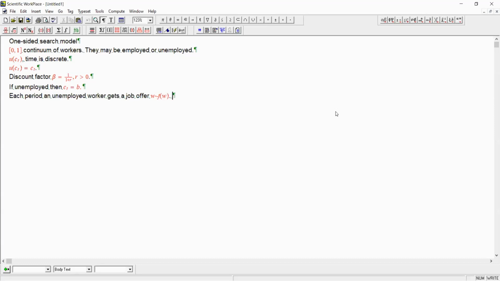So F is a probability distribution function. If you wish, we could say that it has a cumulative distribution function of F. So far, we've been talking in terms of cumulative distribution functions or measures, whatever you prefer. And we assume that the support of the wage is between 0 and some w upper bar.